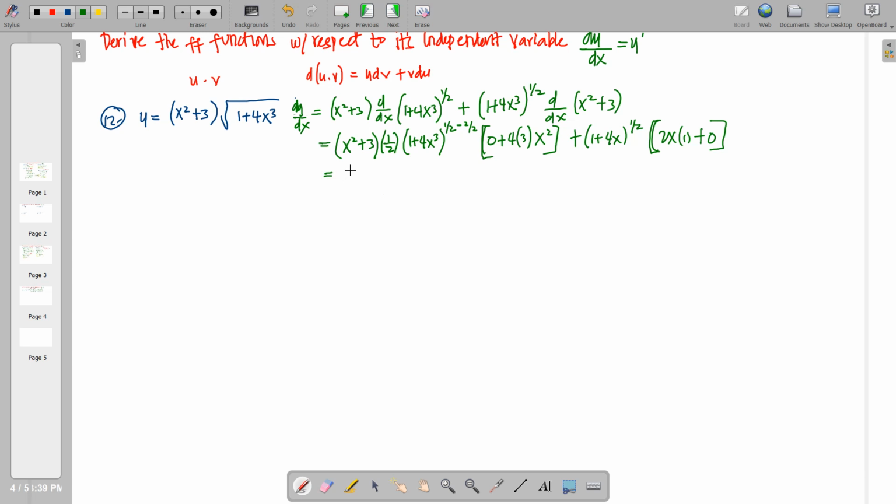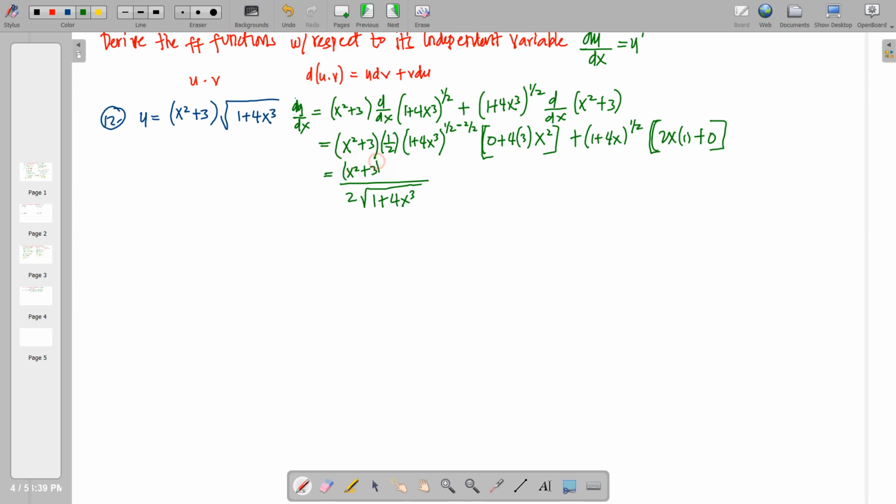In terms, we have x squared plus 3 all over 2. This becomes negative 1/2, so it becomes a square root. It goes down to the denominator, because negative means reciprocate. So 1 plus 4x cubed. Okay, what else?